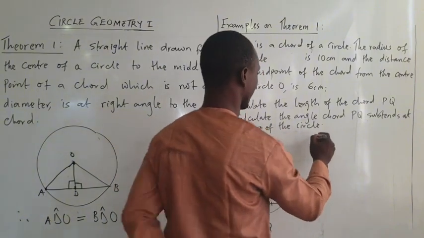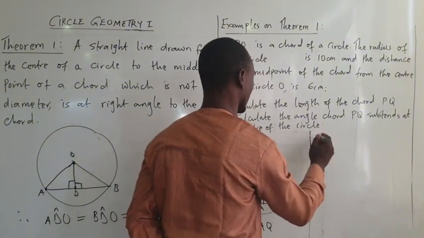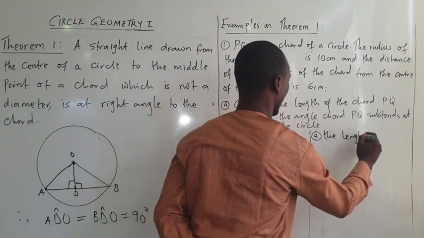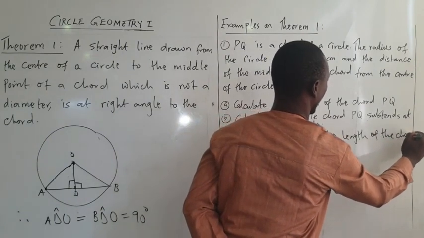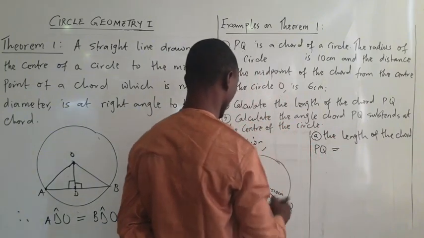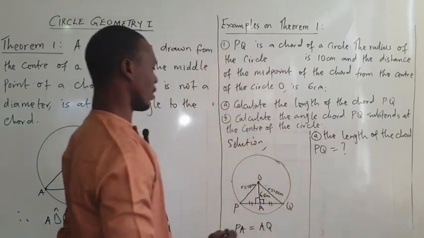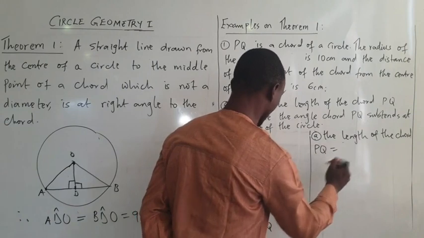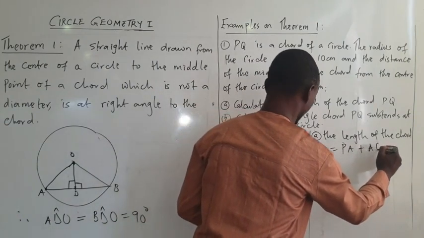The length of the chord PQ is what we are looking for, and it is unknown. But PQ is the same thing as PA plus AQ.